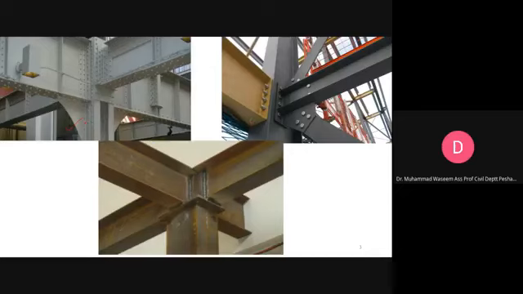You can see different steel structure members joined together with the help of these fasteners. In steel structures we have some definite shapes, hot rolled shapes. We design for these members, but the problem is how to connect them. In order to connect them, we use these fasteners.